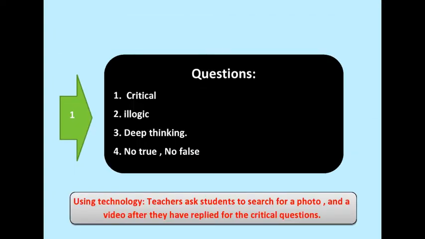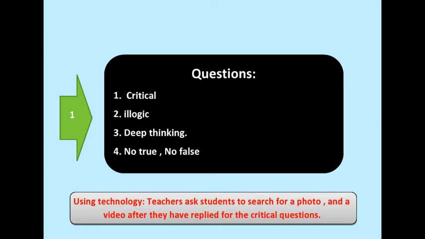Day 1, a critical thinking question. Write on the board a critical thinking question. Day 1 should be something illogical, something out of nature. Example: what would happen if we didn't have water? So this is a critical thinking question.